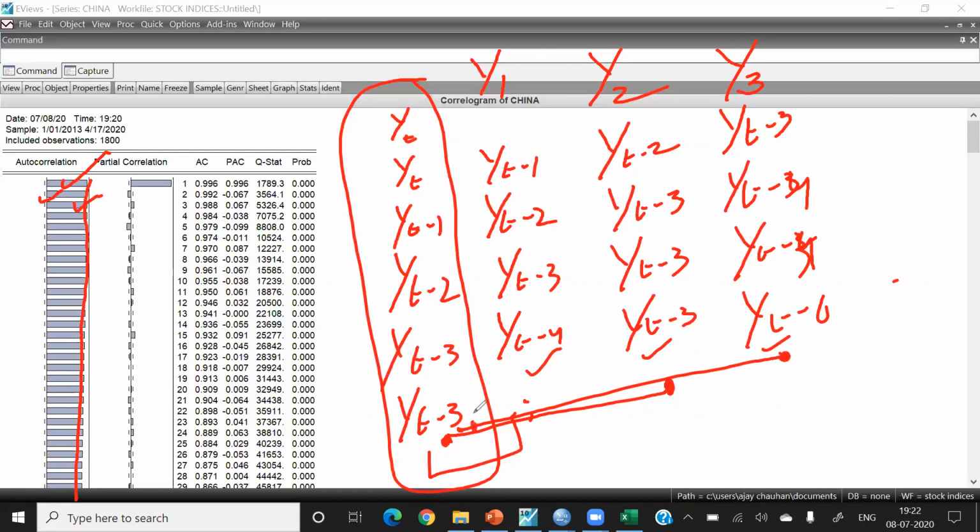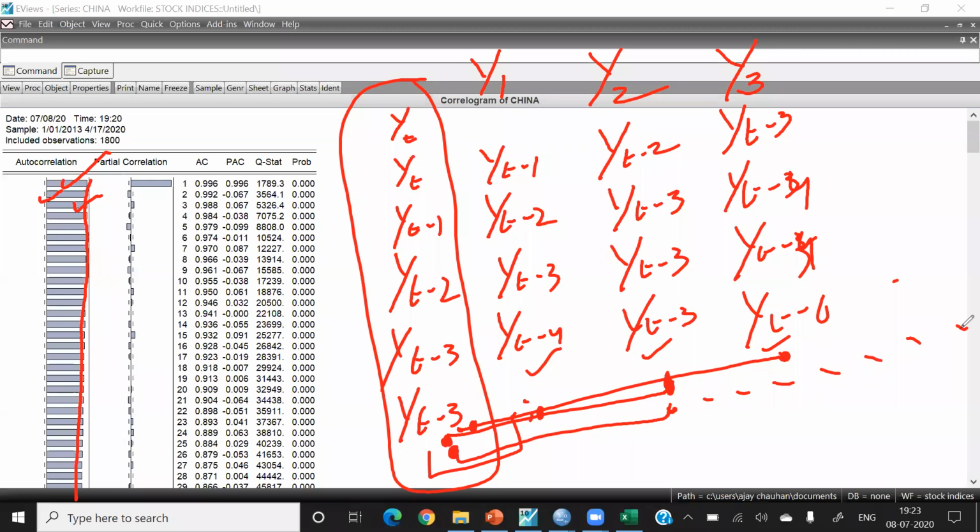If today is correlated with yesterday, and yesterday is correlated with the day before yesterday, so it is obvious that today is correlated with the day before yesterday. Similarly, it extends up to many levels.